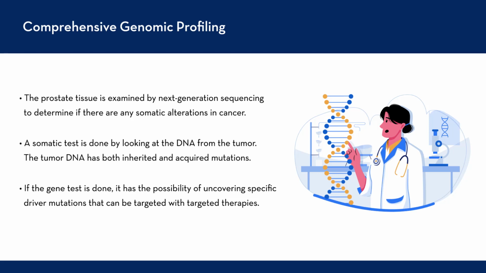If the gene test is done, it has the possibility of uncovering certain driver mutations that can be targeted with targeted therapies. Some of these include things like the microsatellite instability that we talked about earlier. We could also uncover if a homologous recombination gene is somatically altered, and a tumor that has somatically altered homologous recombination could be a candidate for PARP inhibitors.